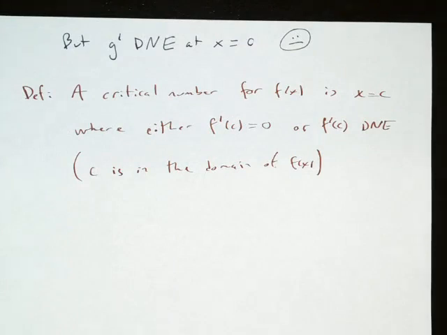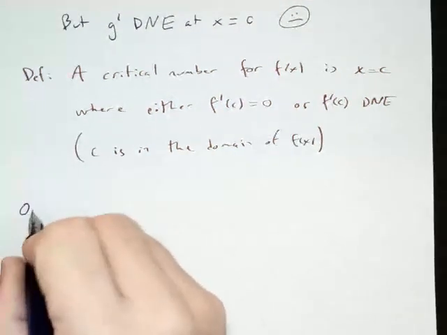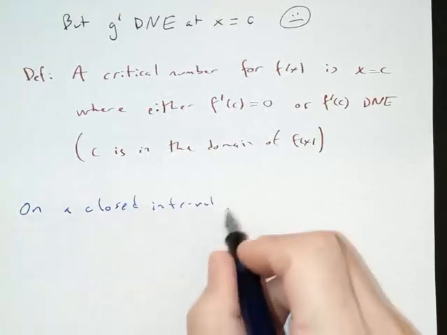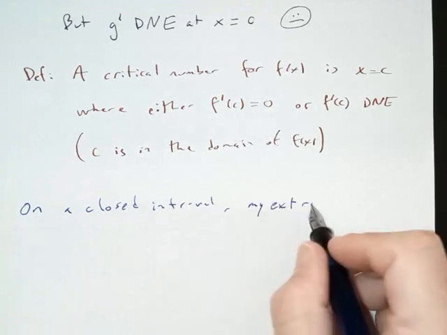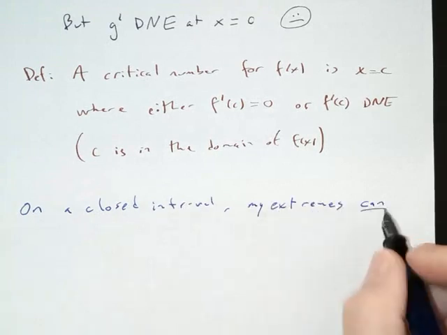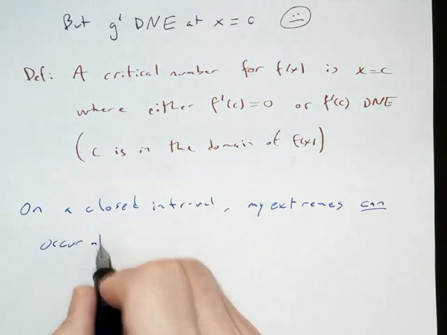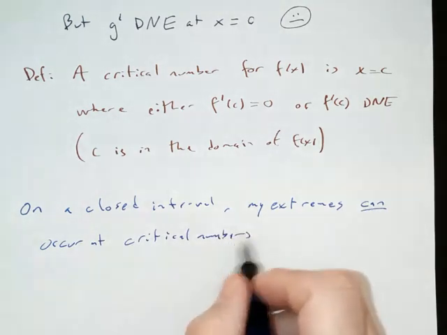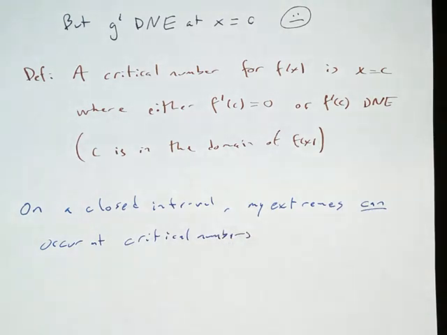If I am looking at absolute extremes, then I have an interval, right? On a closed interval, my extremes can occur at critical numbers.